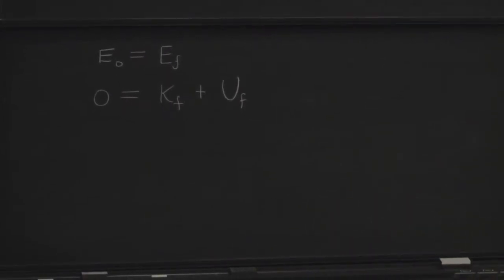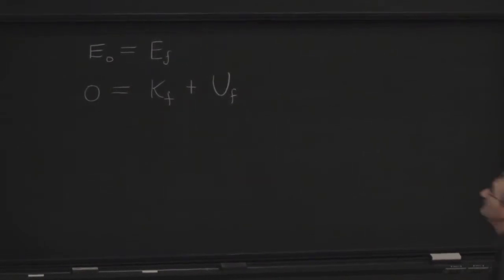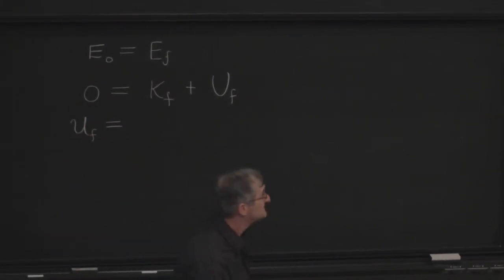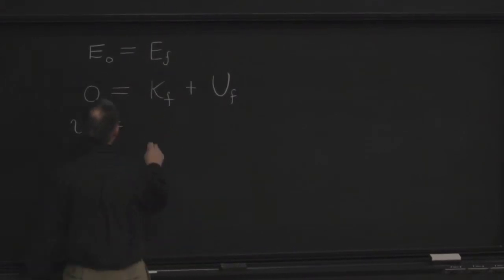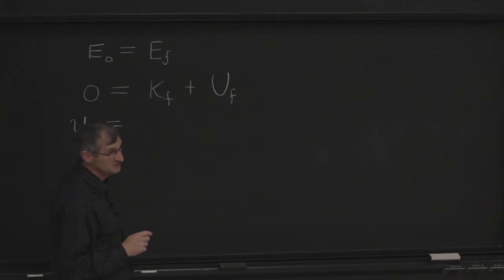So we're trying to find angular velocity. Let's work on the change in potential first. What's the potential energy in the final configuration? So M1 went down. So I'm going to start actually with M2.